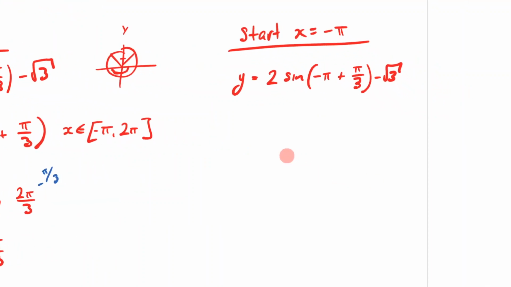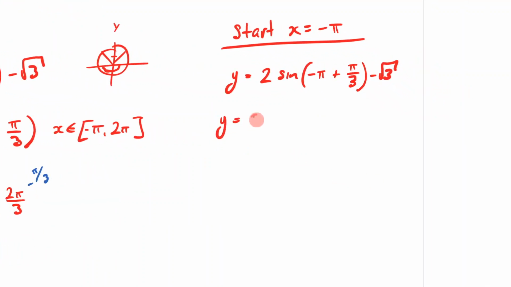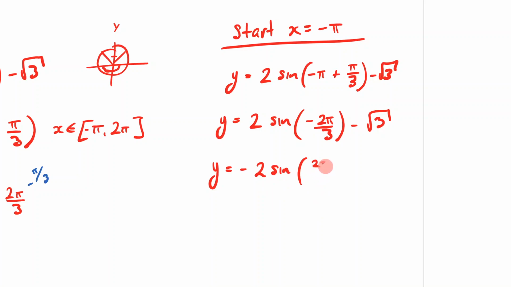Okay, boy, these questions are fiddly. All right, y is equal to 2 sine, this is going to become negative 2 pi on 3 minus pi, negative square root of 3. When I have a negative with a sine, I can take it out. So it's going to be negative 2 sine of 2 pi on 3 minus the square root of 3.